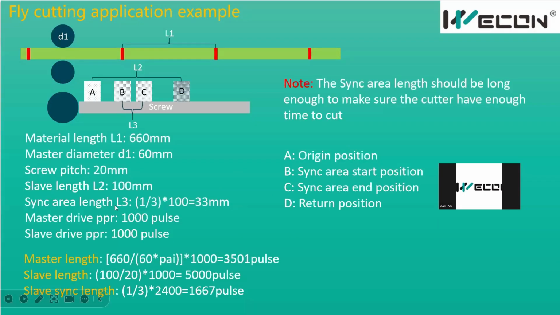Okay, they can continue. And for example, the PPR of master and slave is 1000. So first, let's calculate the master length.